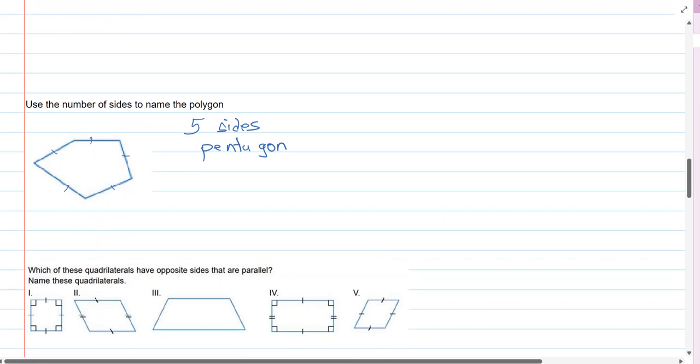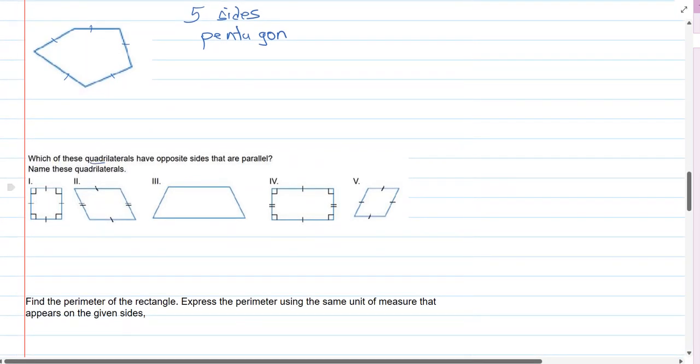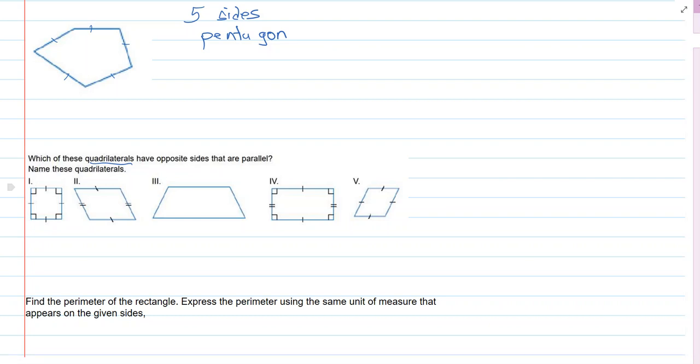Penta meaning 5. Now, which of these quadrilaterals, four-sided shapes, have opposite sides that are parallel? Name the quadrilaterals. Well, the square: 2 sets of parallel lines. A parallelogram: 2 sets of parallel lines.